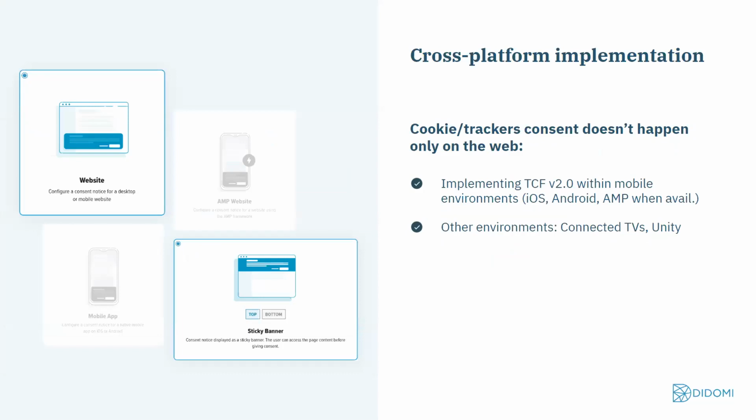One key learning that we are also seeing is that a lot of publishers have cross-platform implementation issues. So it's not only about web consent or in-app consent. There are a number of other environments where you find yourself in need of a consent collection solution.